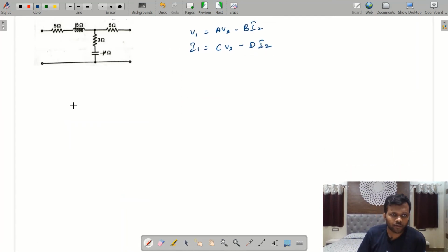Okay. So what I am going to write, A equal to this is my V1, V2, I1, I2. First, when I2 equal to 0, how are we going to get the circuit?